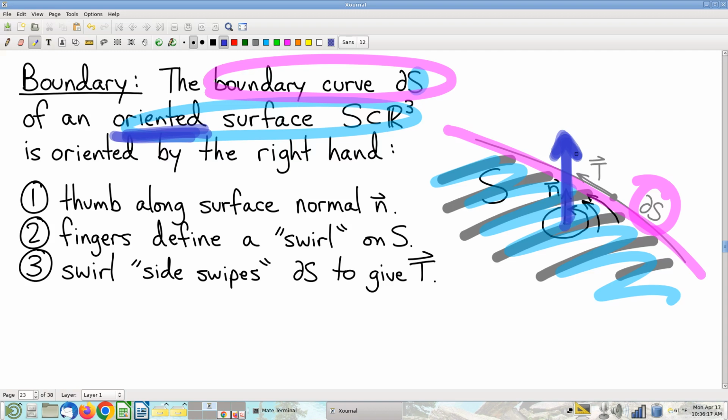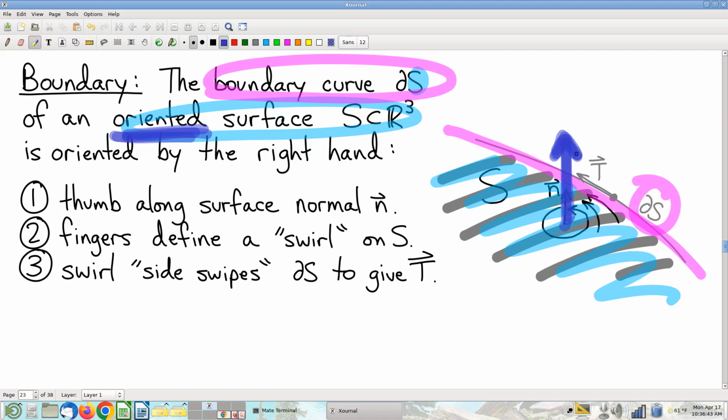How from that dark blue orientation on the surface would I infer an orientation on the boundary curve? And again, what I'm about to show you is arbitrary. It could have gone either way. This decision got made a long time ago. It's compatible and consistent with all of the other arbitrary but effectively standard choices on this matter. So yes, it's arbitrary, but it's also highly standard and so therefore not really optional at this point either.